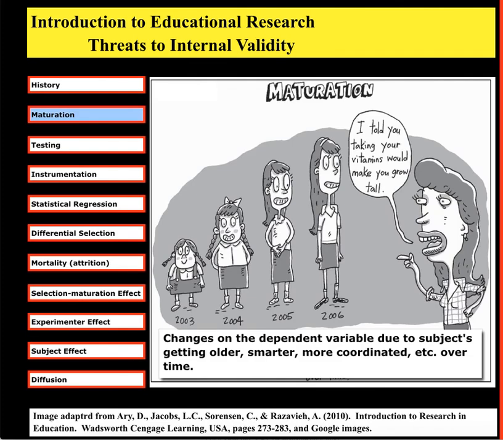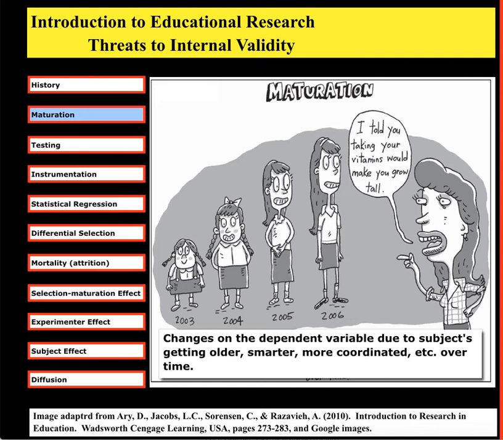Now, the historical threat to internal validity has to do with environmental events that take place during the total history of the study from the beginning to the end. Maturational threats are biological or psychological changes that may occur to participants as a function of the passage of time.